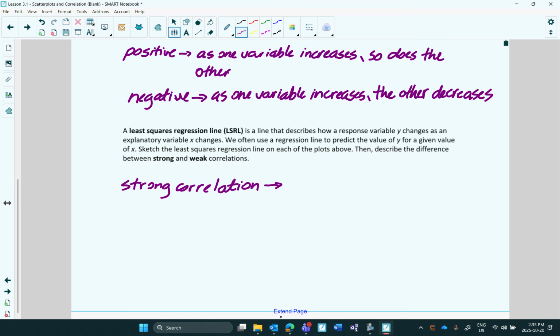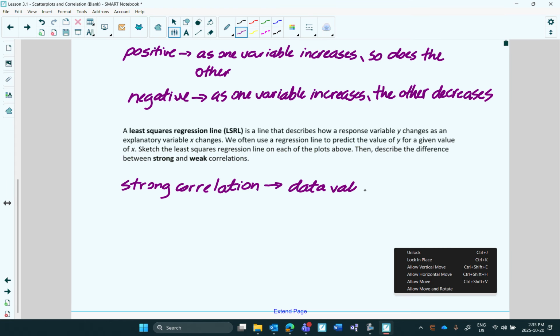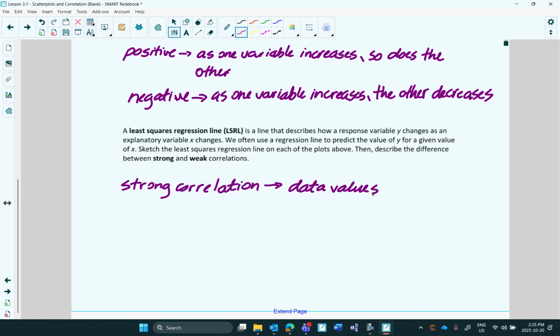So in a strong correlation, the data values are close to the LSRL, and often we'll just use the abbreviation for least squares regression line instead of writing the whole thing out all the time. Or we'll just say regression line if we assume we're talking about least squares.